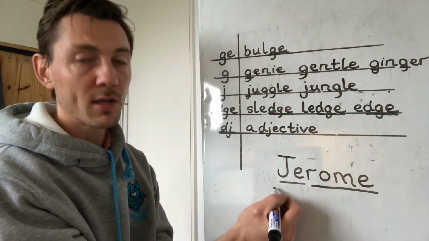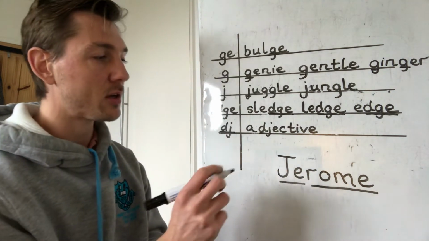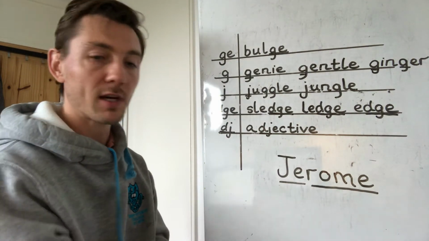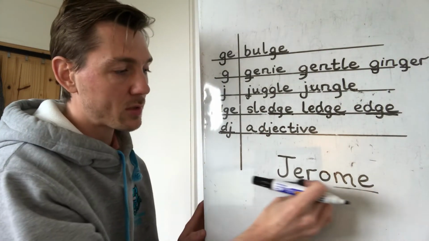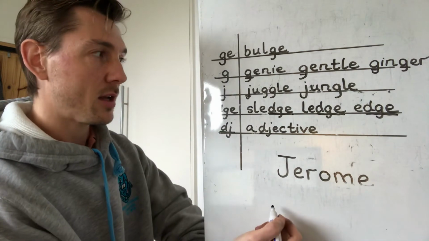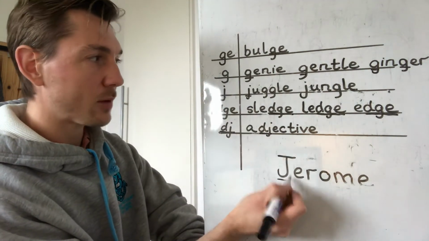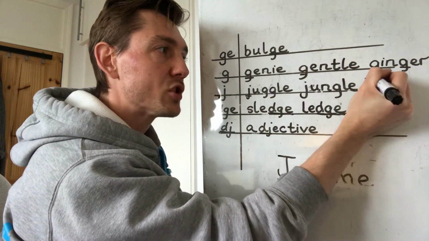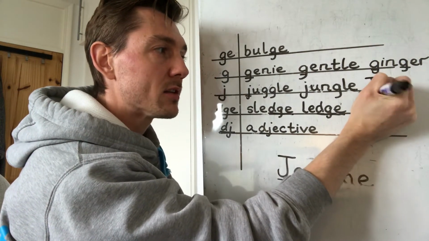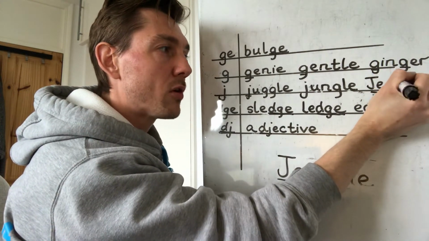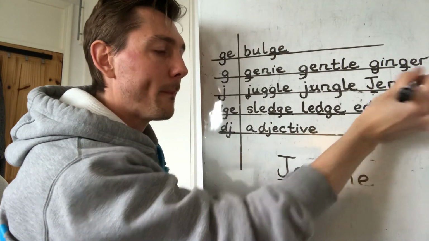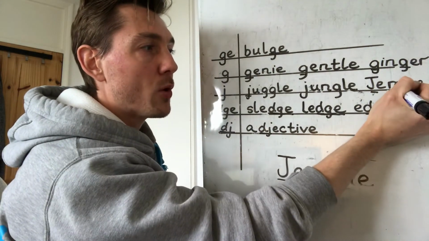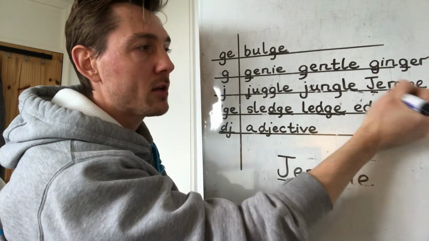Jerome, Jerome. Okay, good. So we're going to pop that into the right section. According to the j spelling, it shares that j spelling with jungle and juggle, doesn't it? But capital letter this time. J, e, r, o, m, Rome. Jerome, Jerome.